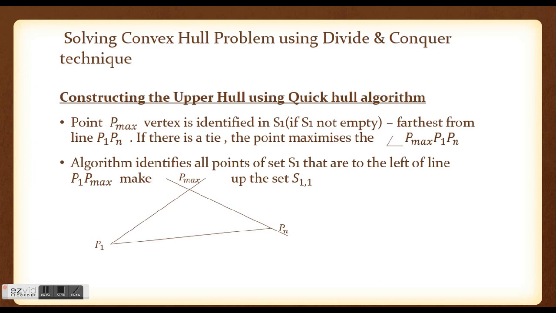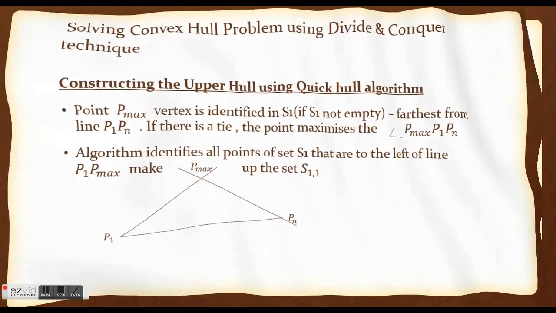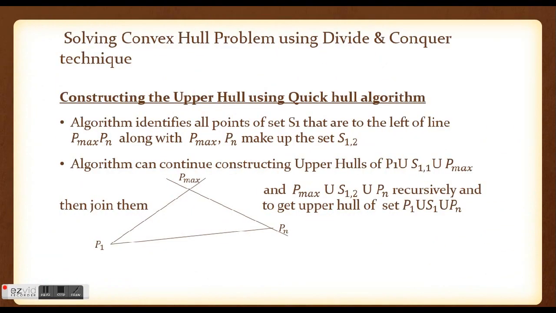The quick hull algorithm identifies all points of the set S1 that are to the left of the line P1 P max and makes up the set S1,1, and the set S1,2 is the set of points that is to the left of line P max Pn, along with P max, Pn points.